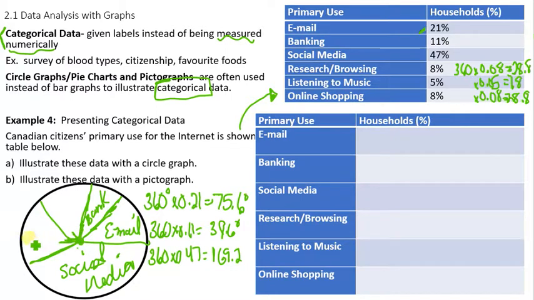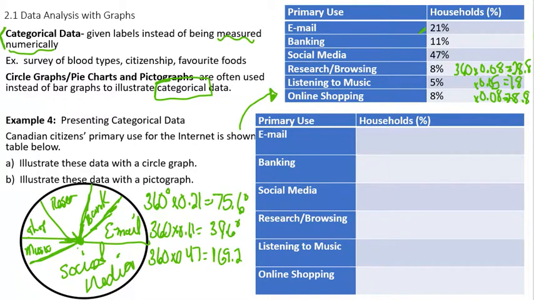Let's go 28.8, 28.8. This is going to be research. Shop. And the smallest one is going to be music. And that's how you calculate the exact degrees, the proportion of this entire circle. The circle represents 100% of the people, and each piece of the pie represents the proportion of people that use the internet for a certain purpose.